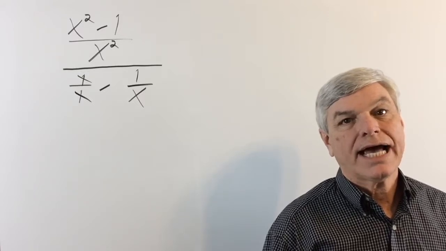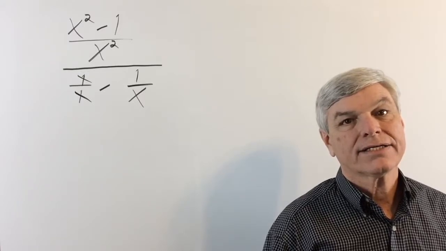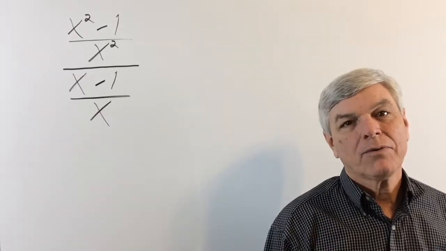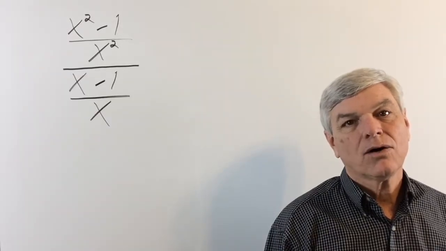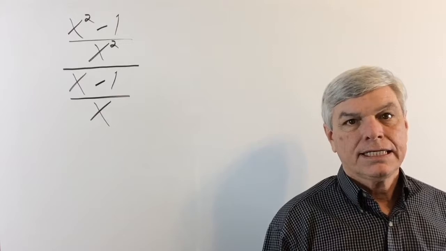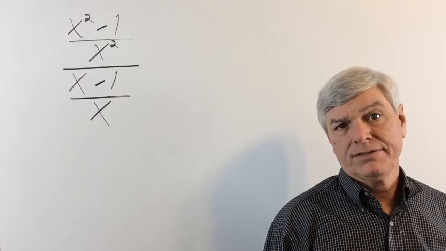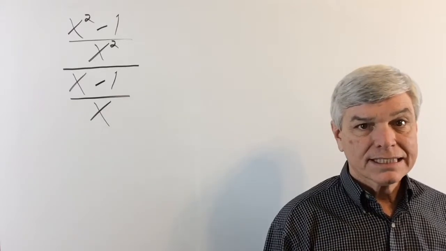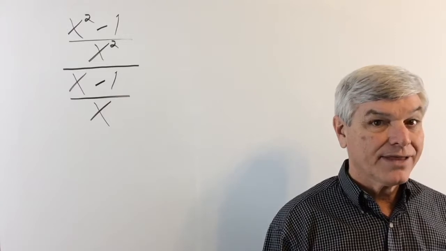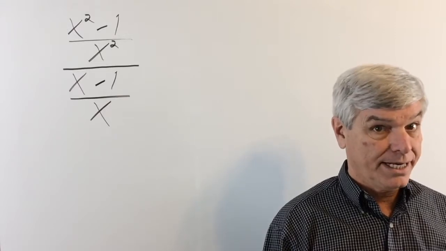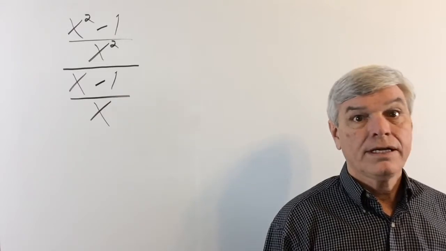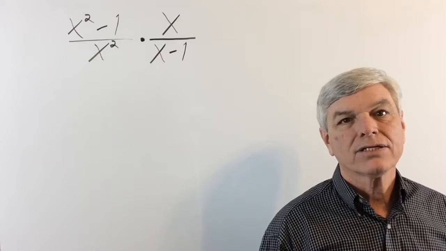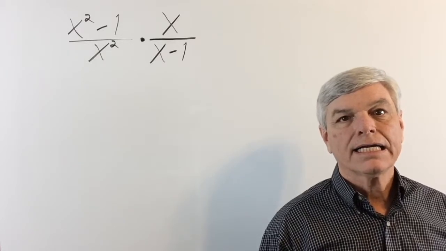And now let's add those two fractions together. And that will be x minus 1 over x. And so that division bar in the middle tells us to take the fraction in the denominator, and flip it.